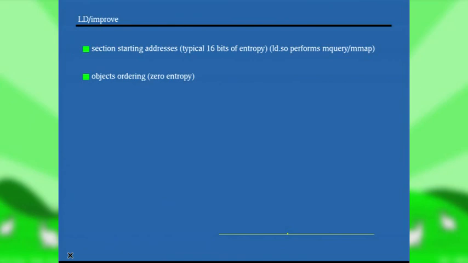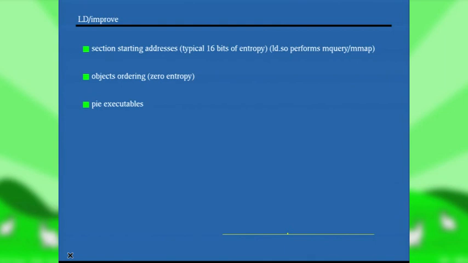And basically the ordering of the actual objects and libraries in memory by the linker is completely unrandomized, therefore it doesn't give us any help. The starting addresses are usually page aligned, which means only the upper 16 bits of the page address are randomized and the lower 12 are usually constant, more or less, over the whole binary, which reduces the guessing space.